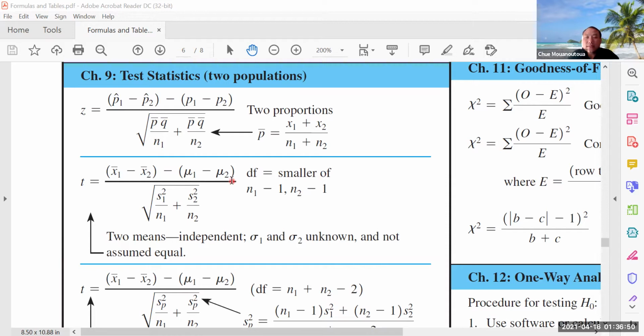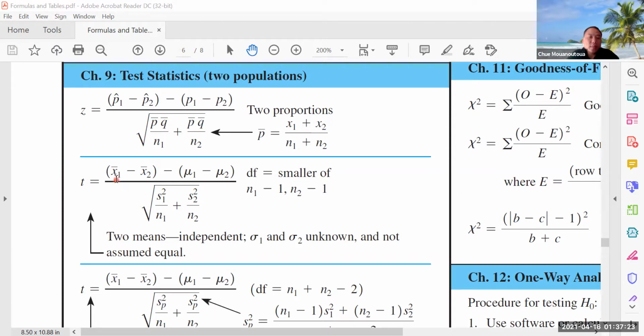Mu2, second population mean. Obvious. S1 squared is the variance, and S1 is its standard deviation. So this is the variance for the first sample. Same thing here for the second sample. So the 1 and 2 tell you which sample you pick.